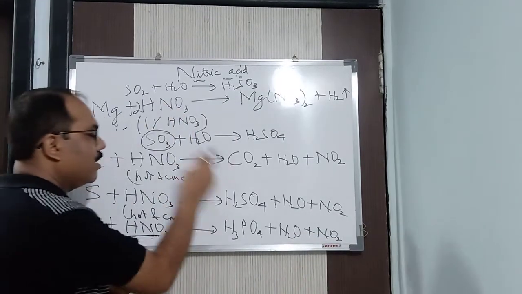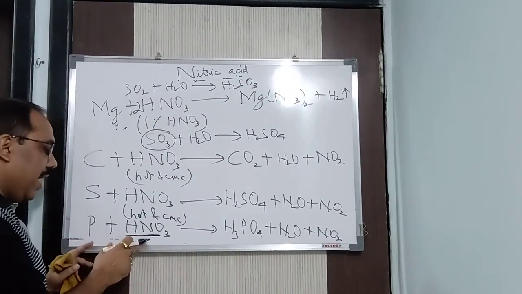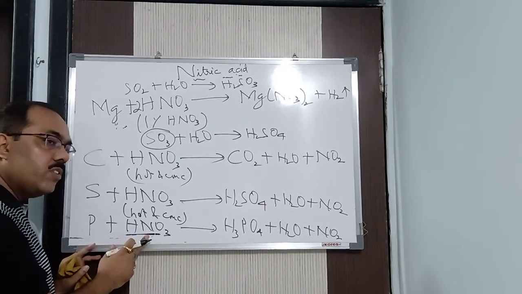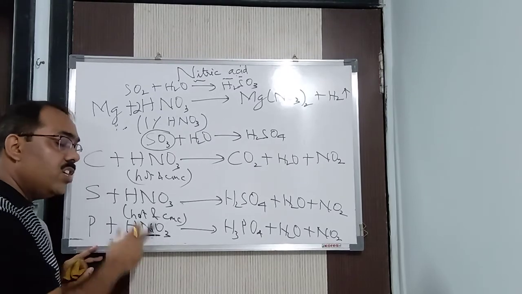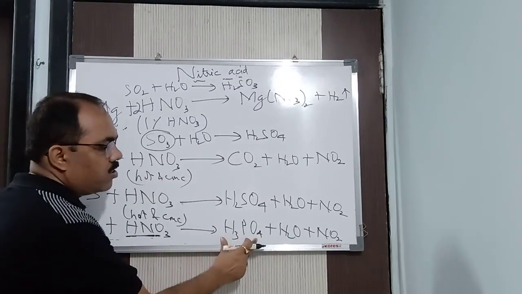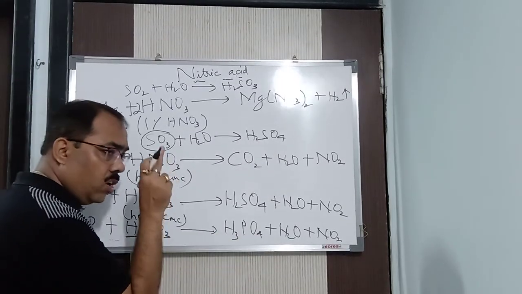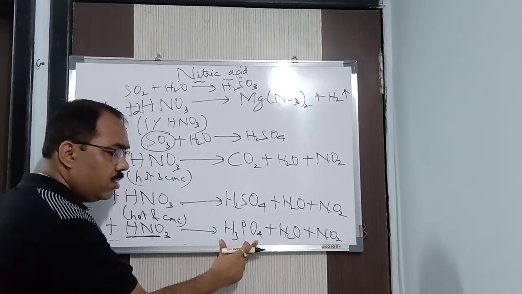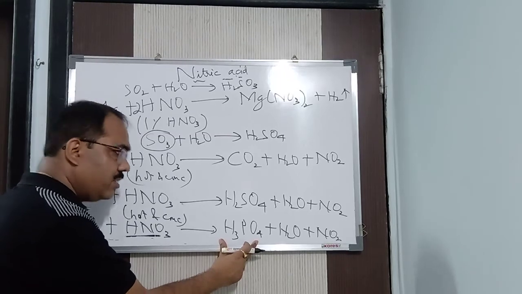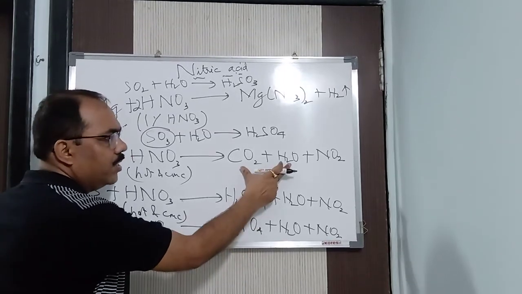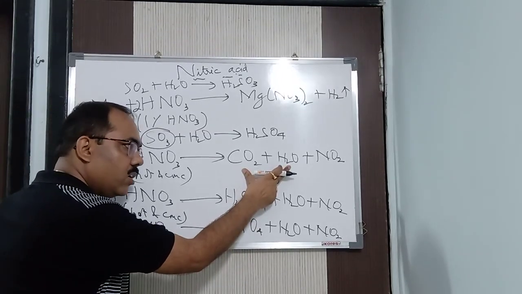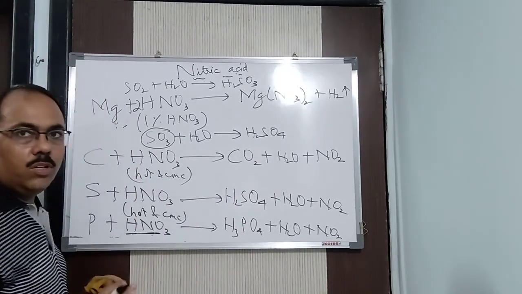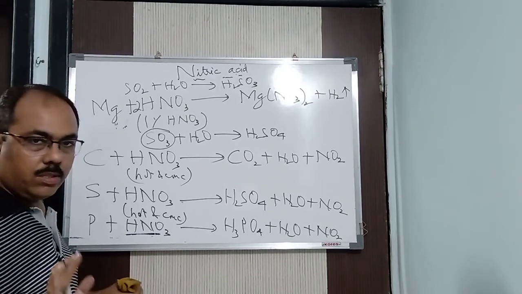No. First, P will get nascent oxygen from here to give you phosphorus pentoxide, P2O5, which dissolves in water to give you phosphoric acid. Got it? Because this is stable. Phosphoric acid is stable, sulfuric acid is stable, but carbonic acid is not stable. So hence I did not write carbonic acid, I wrote carbon dioxide and water. I think it's clear to you what I said about it. Thank you very much.